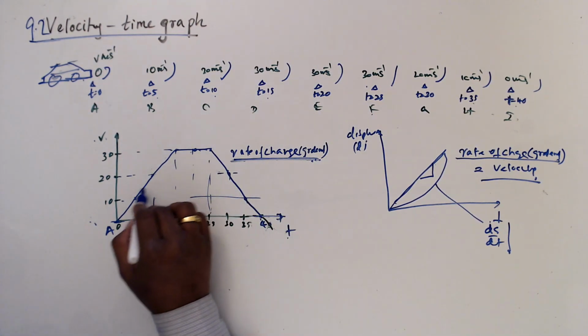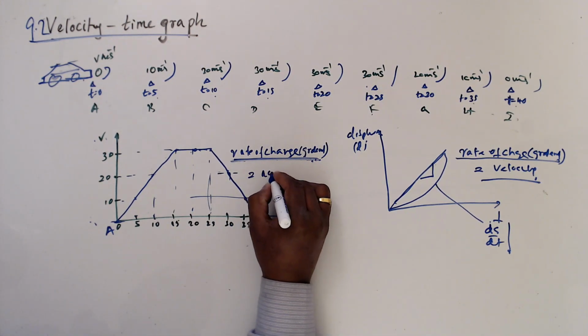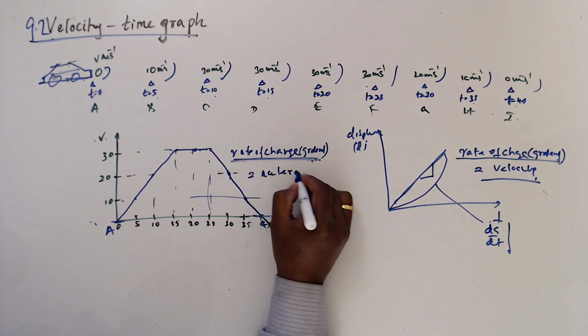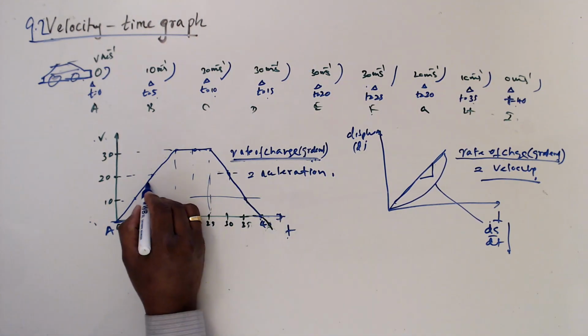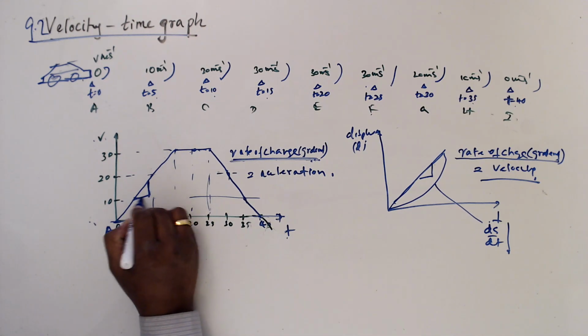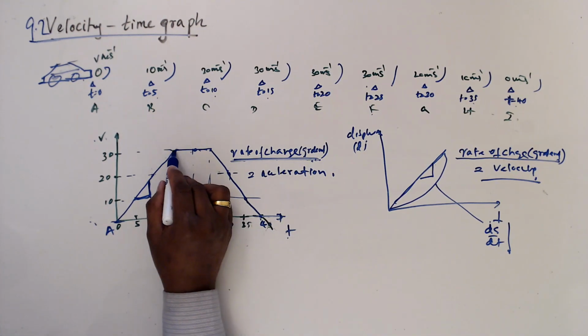The gradient of this graph implies what? It implies the acceleration. So if we find the gradient, that gradient is acceleration. What is the acceleration for this graph?